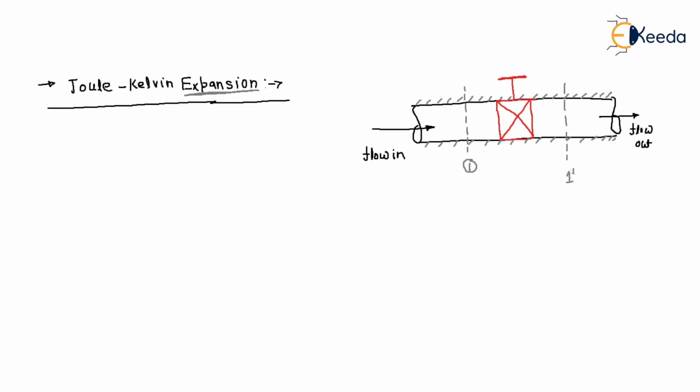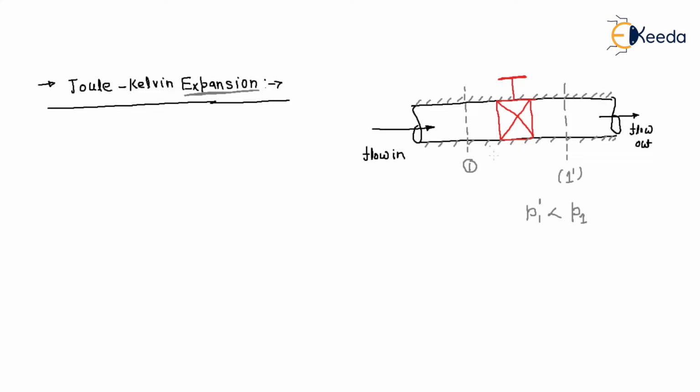So expansion means reduced pressure, so it must be P1 dash is less than P1.